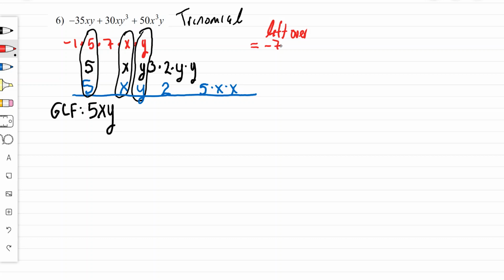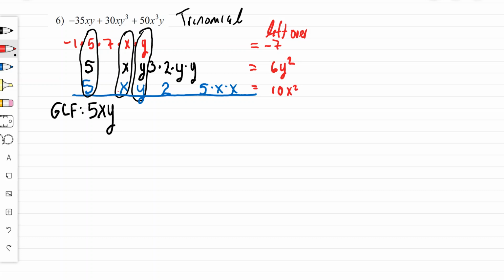If I go straight across this line right here, I got 3 times 2 times y times y, which is 6y squared. Okay, what's left over on this last line? I have 2 times 5 times x times x. That would be 10x squared.